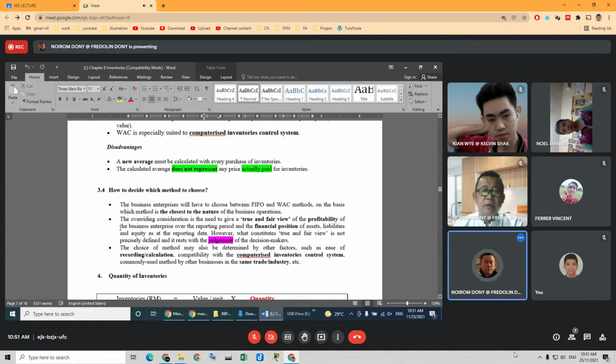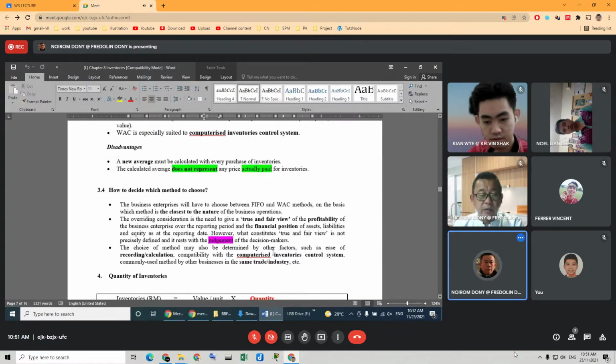Then the overriding consideration is the need to give a true and fair view of the profitability of the business enterprise over the reporting period and the financial position of asset, liability, and equity at the reporting date. However, what constitutes a true and fair view is not precisely defined, and it rests with the judgment of the decision maker.